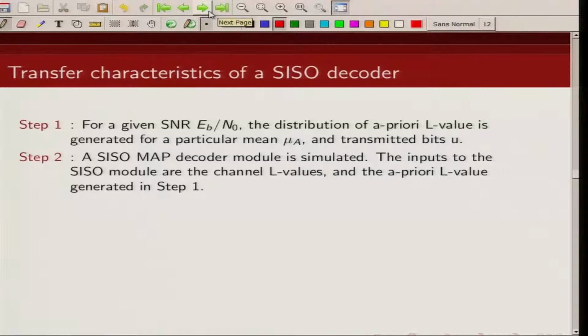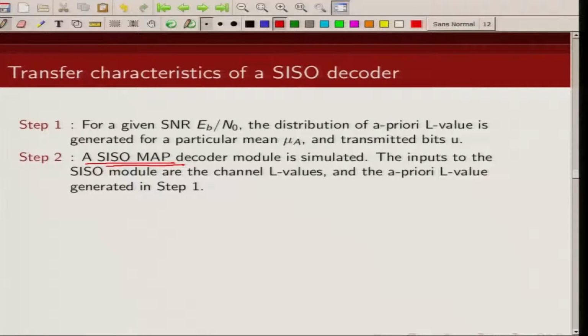So, the next step is we simulate a soft input soft output decoder. We feed in these two inputs, one is this channel received SNR, the other is this a priori information which we modeled as Gaussian.